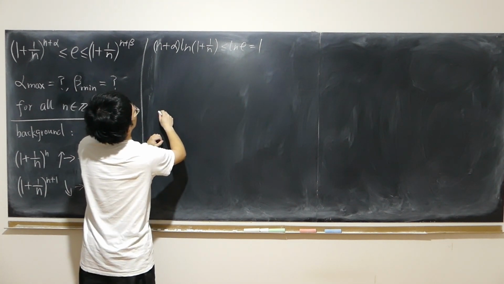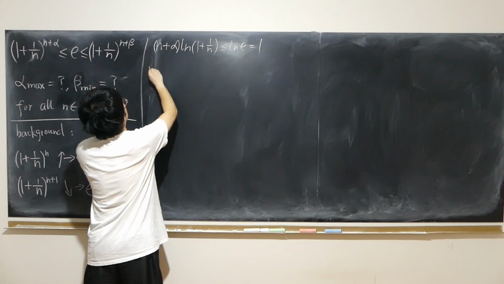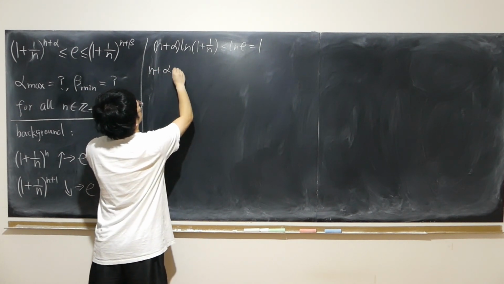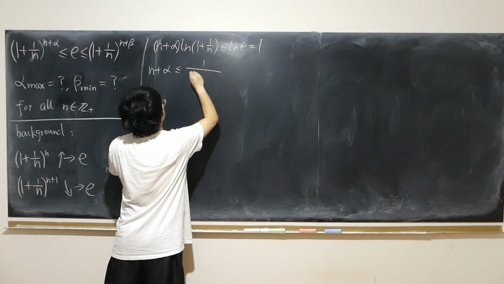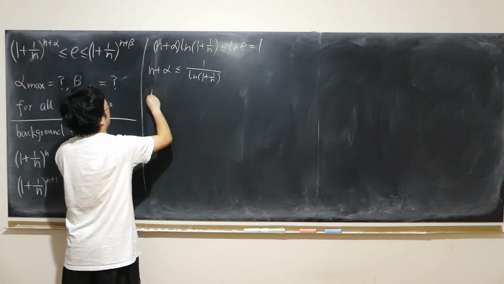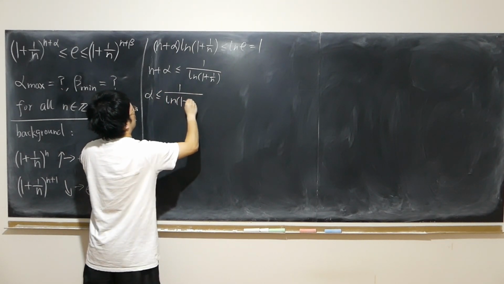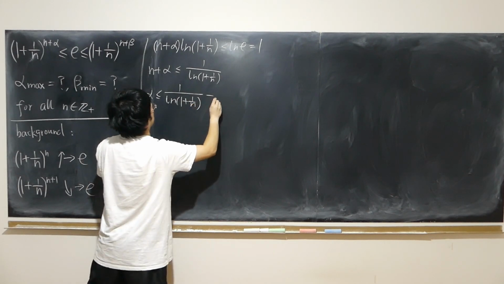So, what kind of alpha satisfies this inequality? Which means n plus alpha less than or equal to 1 over log 1 plus 1 over n, which means alpha less than or equal to 1 over log of 1 plus 1 over n minus n.